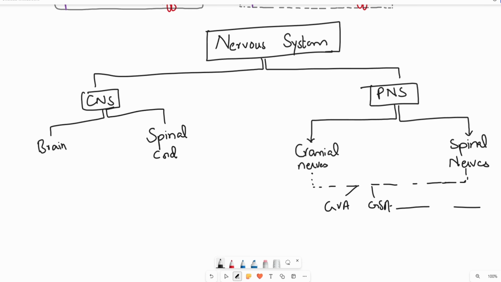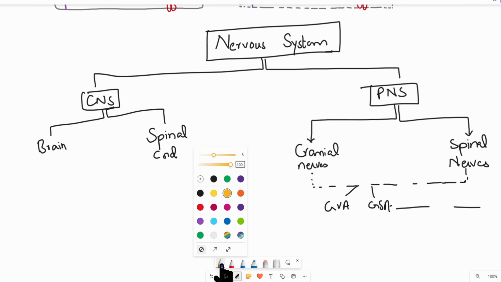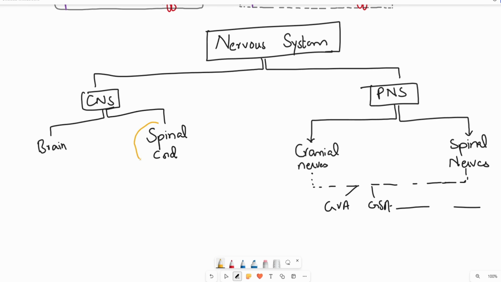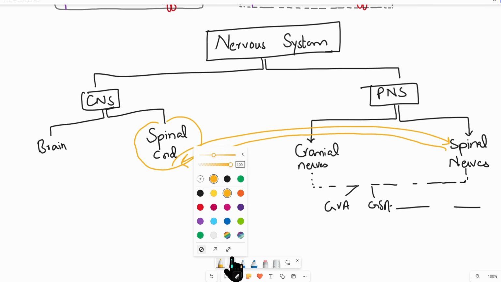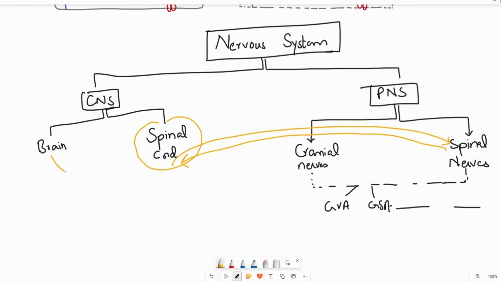Now, the spinal nerves originate from the spinal cord, right? They are either motor nerve fibers taking orders from the spinal cord, or they may be taking sensory information and so on. And the cranial nerves originate directly from our brain.